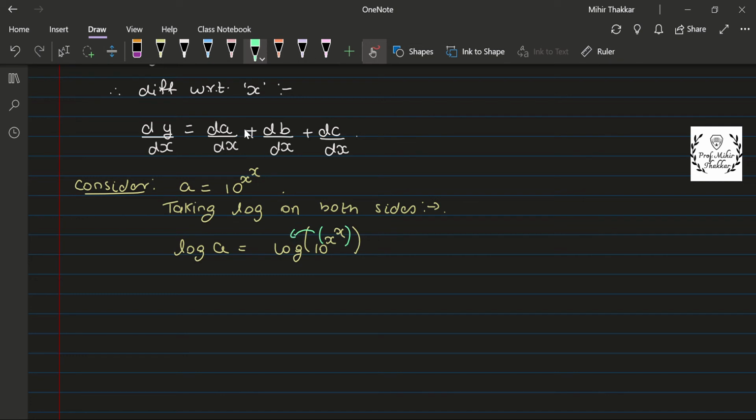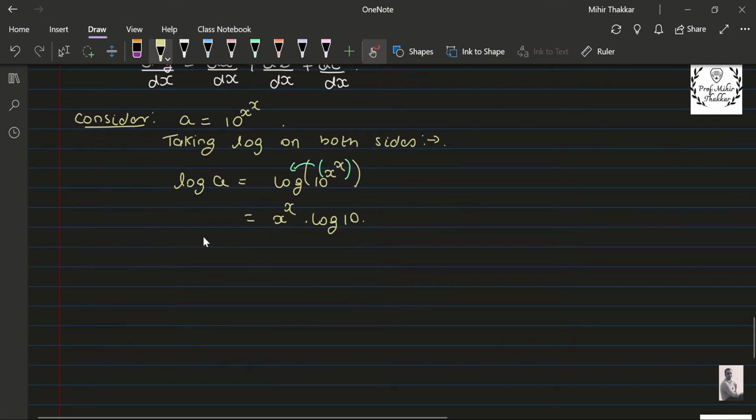So it will become x raised to x into log of 10. But that is your value of log of a. Here the problem is, once again I am having x raised to x.